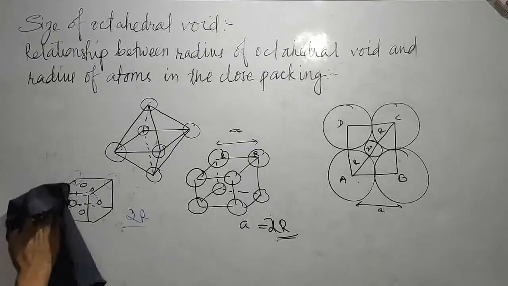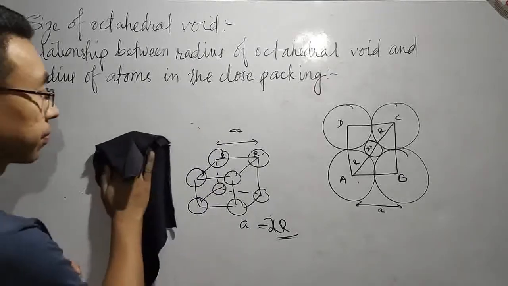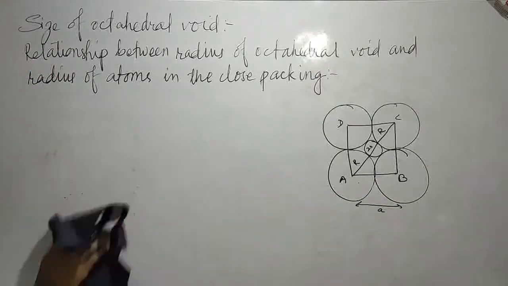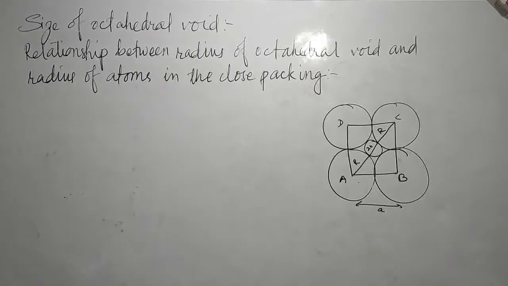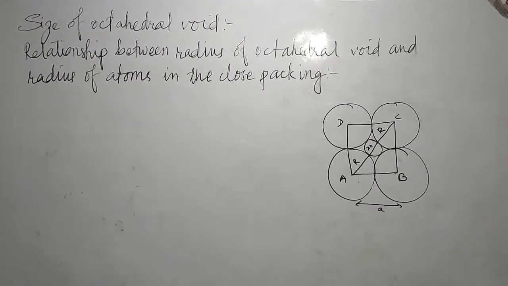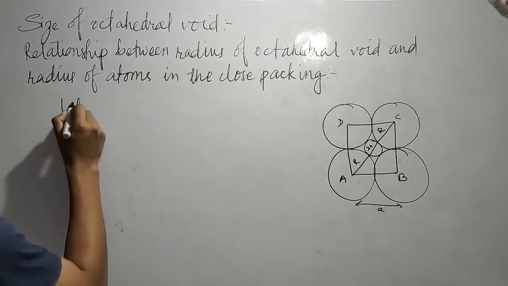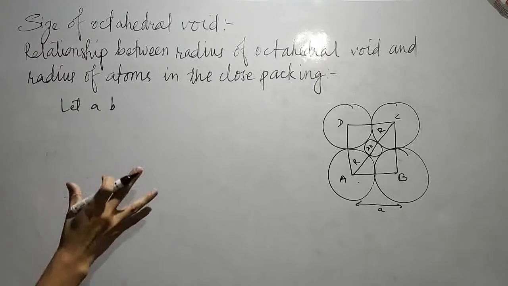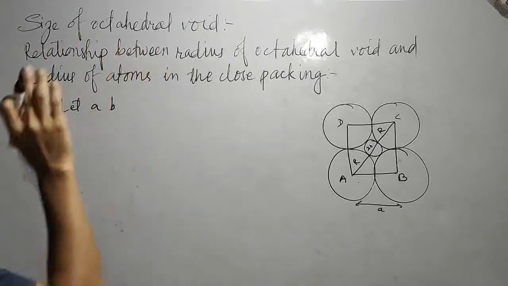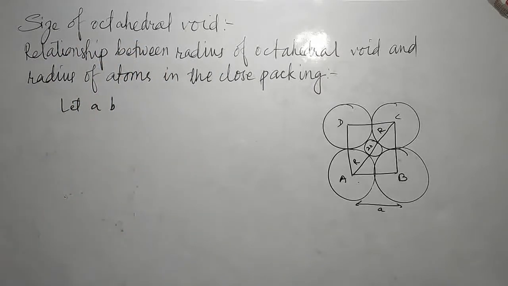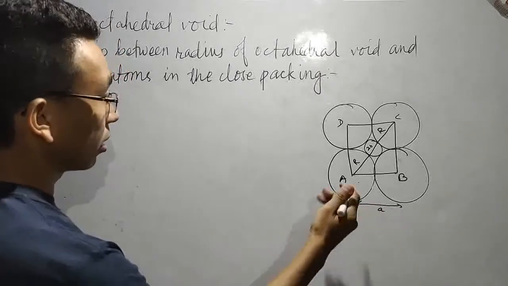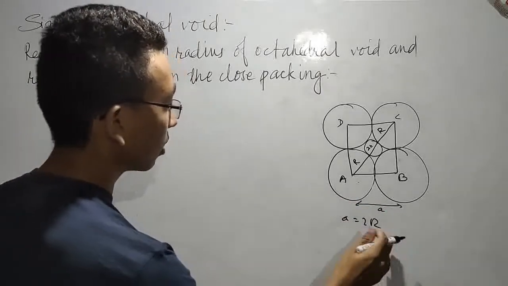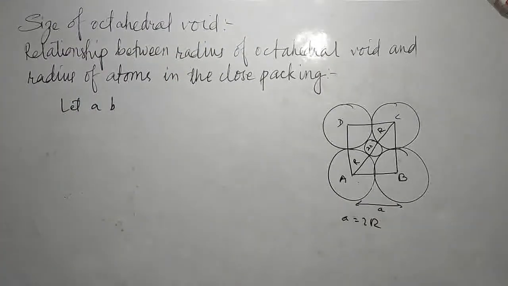Moving on to the next part, this is the main part. Earlier it was just a brief explanation about how these octahedral voids are formed and how A equals 2R.